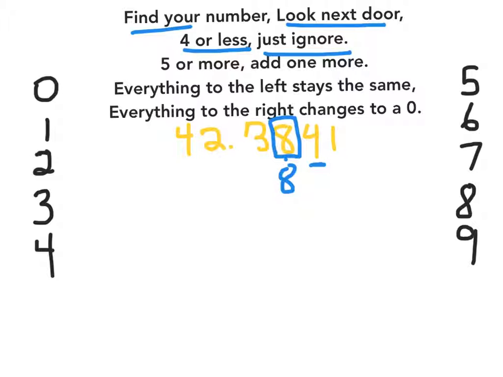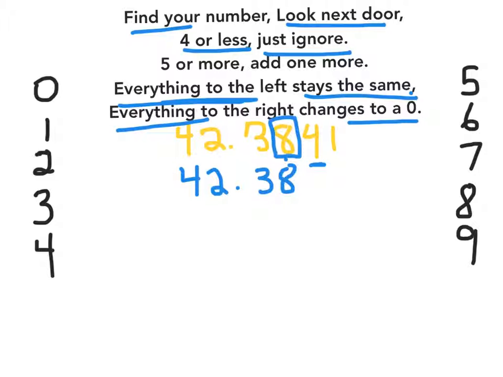So everything to the left of that 8 stays the same. So $42.38, while everything to the right changes to a 0. And if you look at this, we really don't need those zeros on there because we are in fact referring to money with dollars and cents.